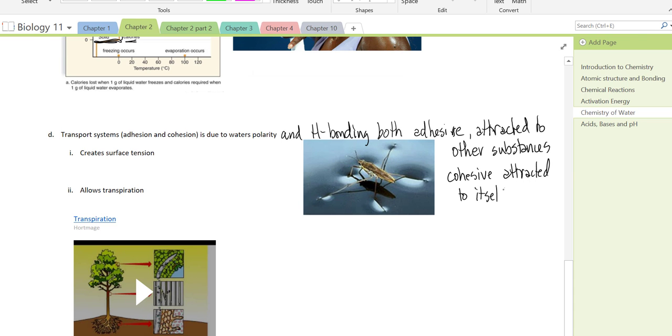And this creates excellent properties like surface tension.